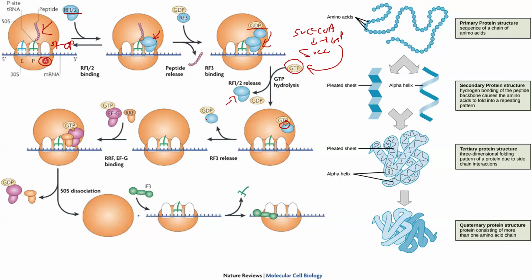So removing release factor 3 with the energy from the hydrolysis of GTP allows for the binding of GTP in elongation factor G and ribosome recycling factor, RRF. When this complex binds to the aminoacyl site, this stalls the ribosome, and this ribosomal stalling causes the ribosome to shift without moving the small subunit.